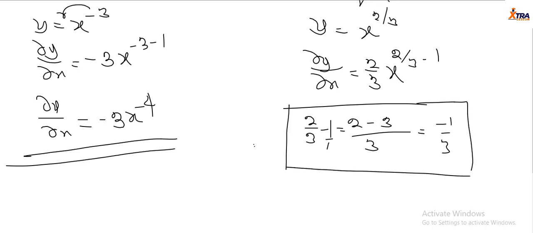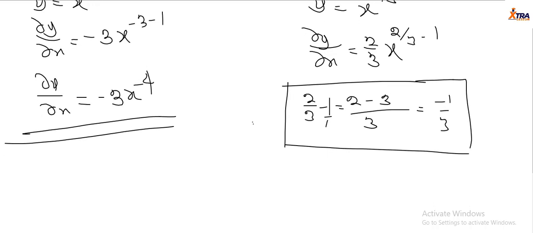So the simplification of the fraction gives us minus 1 over 3. So we have dy over dx now equals 2 over 3 x to the power minus 1 over 3.